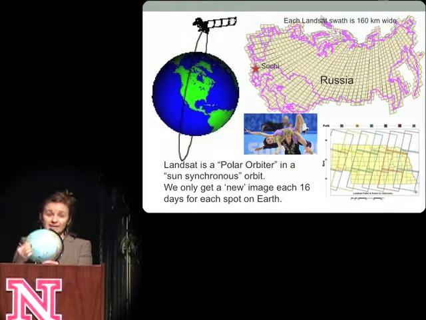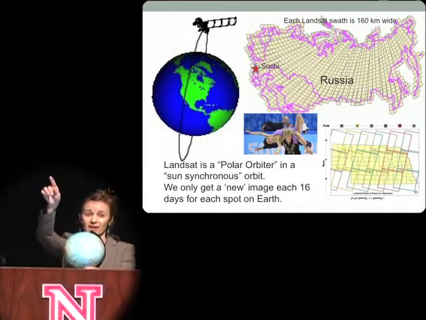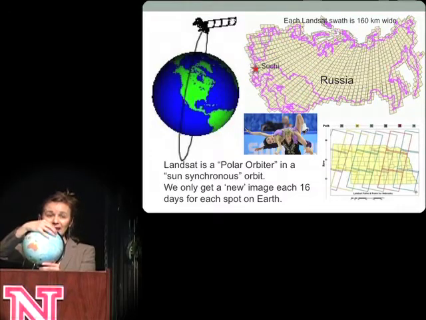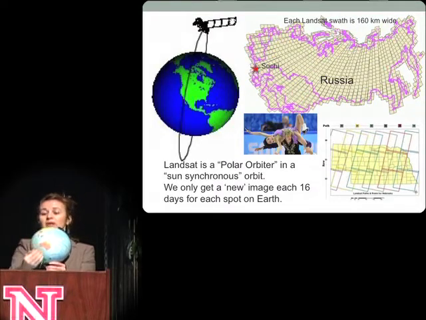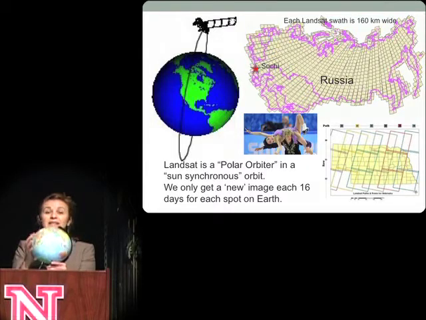At 11 a.m. in the morning, it takes its picture, and the sun is up there, watching Landsat, looking over its shoulder. It's 11 a.m. in Turkey, the Landsat takes its picture. It's 11 a.m. in the United States.